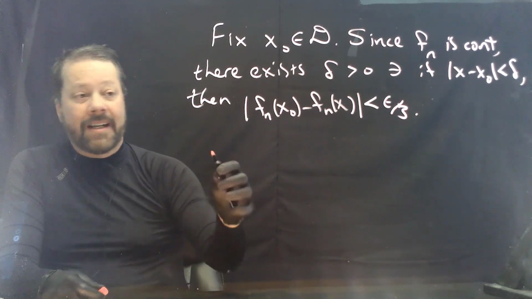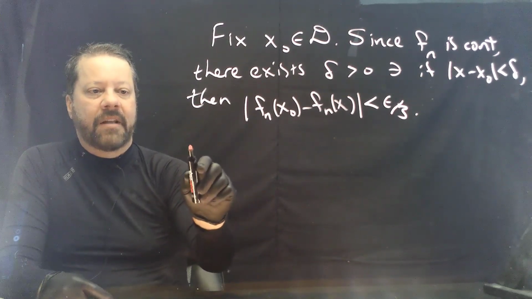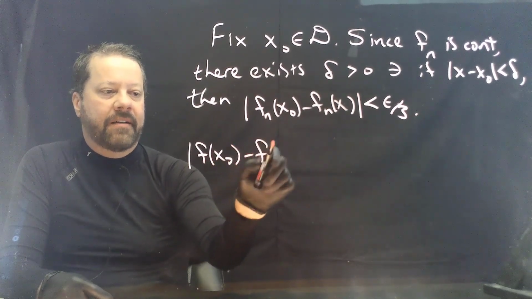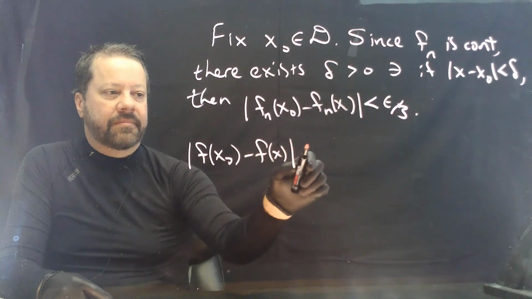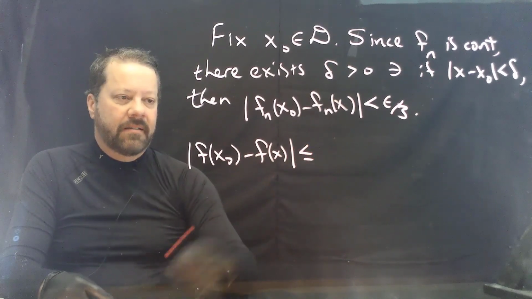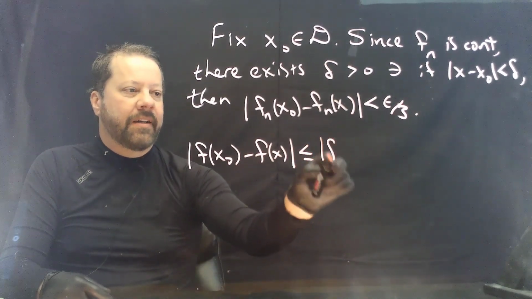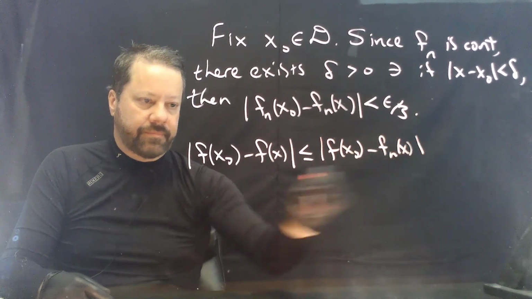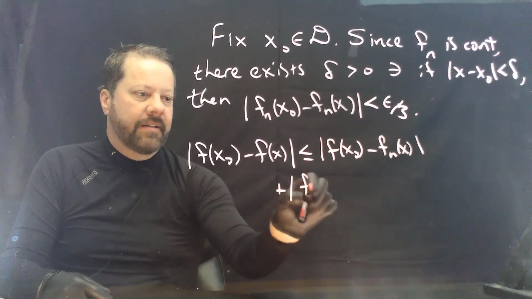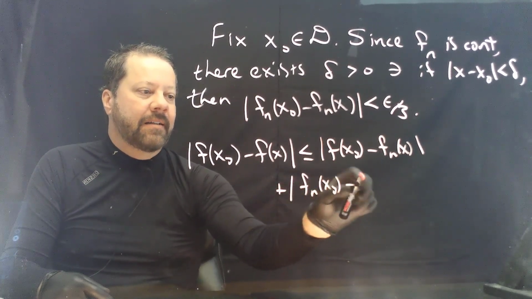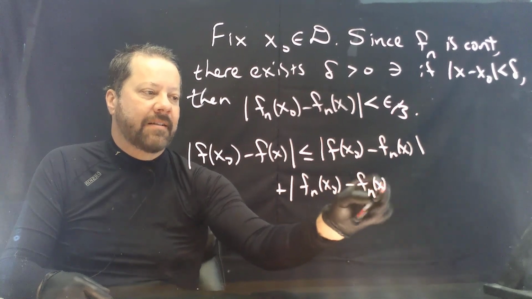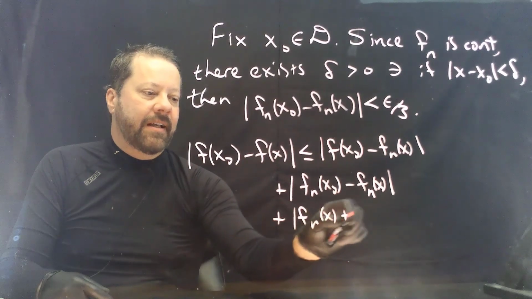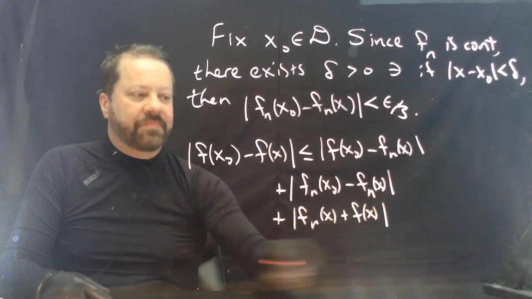Now, to show the continuity of f, note that the distance between f of x naught and f of x is less than or equal to the distance between f of x naught and fn of x naught, plus fn of x naught and fn of x, plus fn of x and f of x.